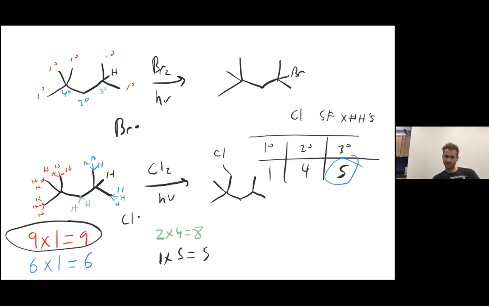Are there any questions about this? Yes, on the primary position, why can't we just add the 9 and 6 together since all of them are primary, instead of making them separate? So it's because when you make the product, for instance if we chlorinate here, these are the same products.